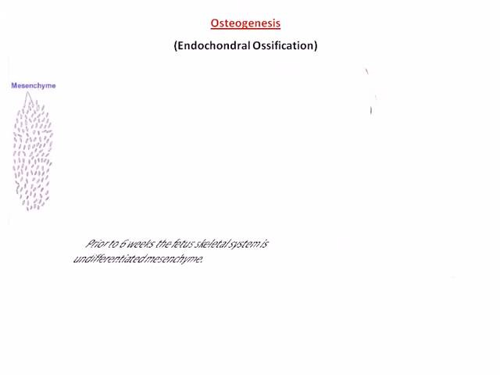Because bone is connective tissue, it has its origin in mesenchyme. Mesenchymal cells ultimately differentiate into the specialized cells of bone tissue. At 6 weeks, the skeleton of the human embryo is constructed entirely of fibrous membranes and hyaline cartilage.